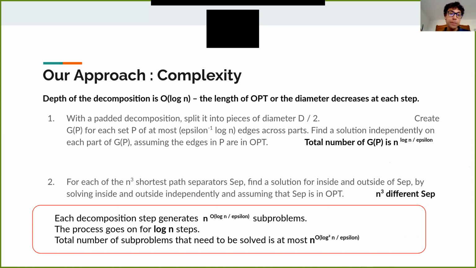And for each choice of three shortest path separator, I have one recursive call, so n cubed recursive calls. Overall, at each decomposition step, I'm creating n to the order of log n over epsilon subproblems, and this process goes on for log n steps, because after that I know I can stop. So the total number of subproblems that I need to solve in my dynamic program is at most n to the log squared n over epsilon, and that's where the complexity is coming from.